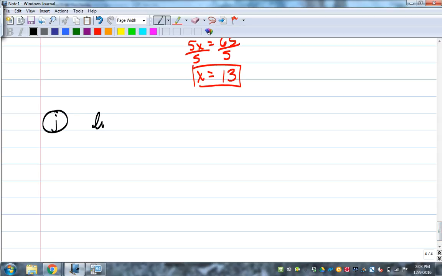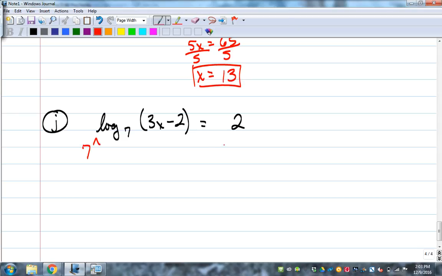Let's do log base 7 of 3x minus 2 is equal to positive 2. Good.